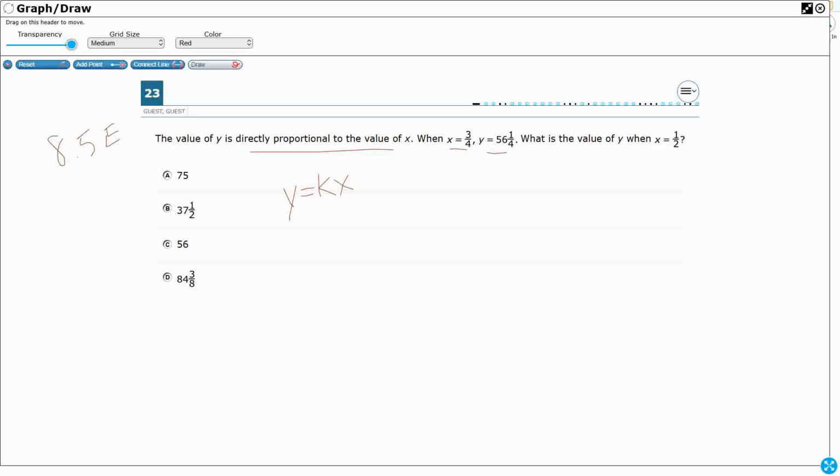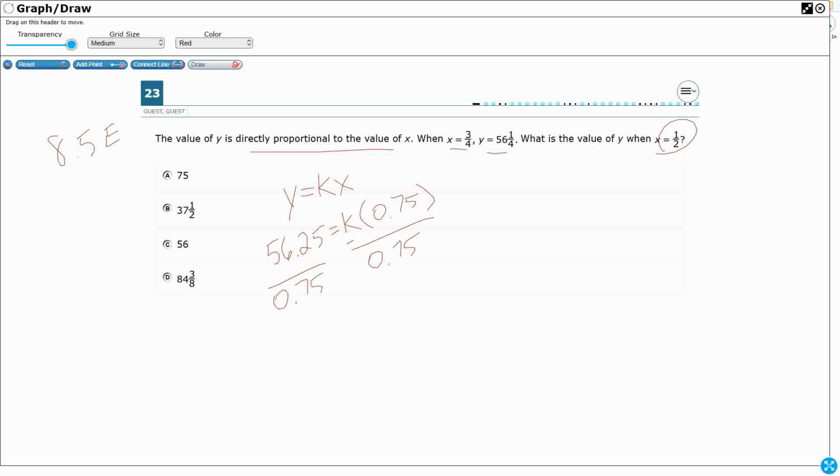I'm going to put my y as 56.25 equals k times, and that 3/4 is 0.75. So what is the value of y when x equals 1/2? Well, I need to solve for this k. If I can solve for this k, then I can plug this in and get this. So if I want to isolate that k, I'm just going to divide both sides by 0.75.